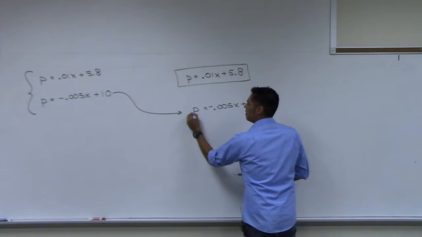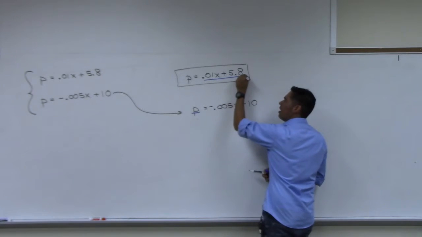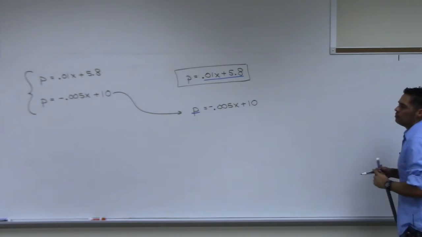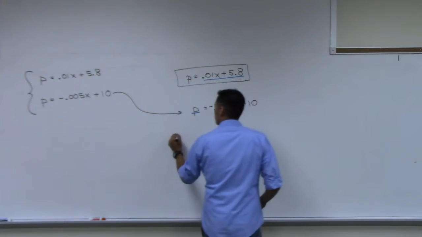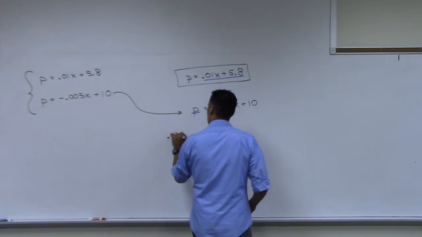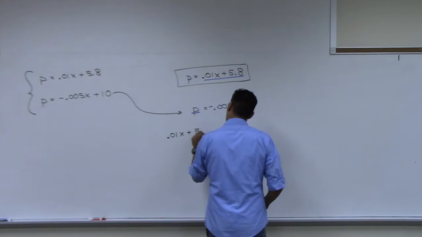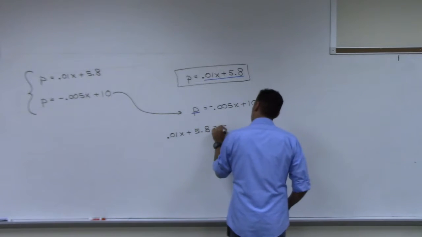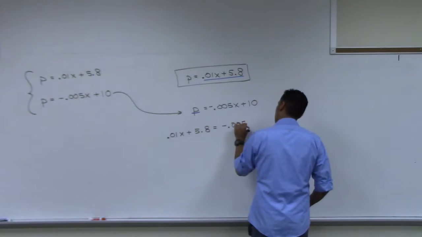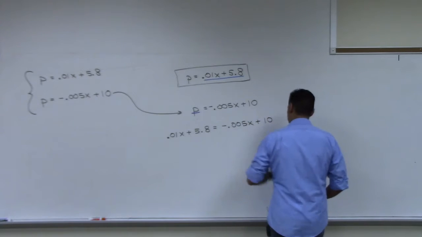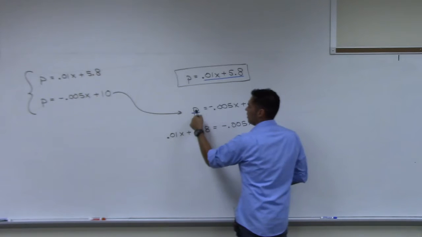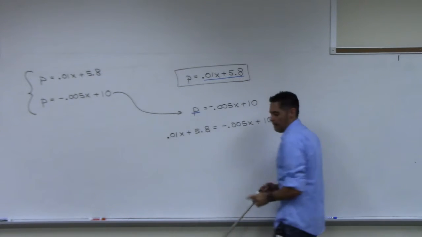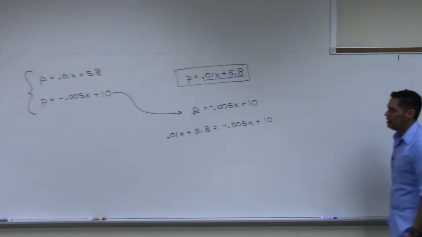This p is going to be replaced with this, which is essentially setting them equal to each other. So I'm going to take 0.01x plus 5.8 and set that equal to negative 0.005x plus 10. Everyone see that? I've replaced this p with this expression. And then I get to solve that.